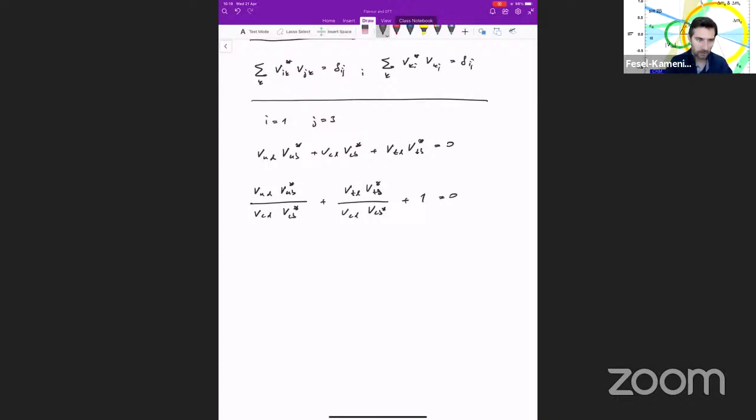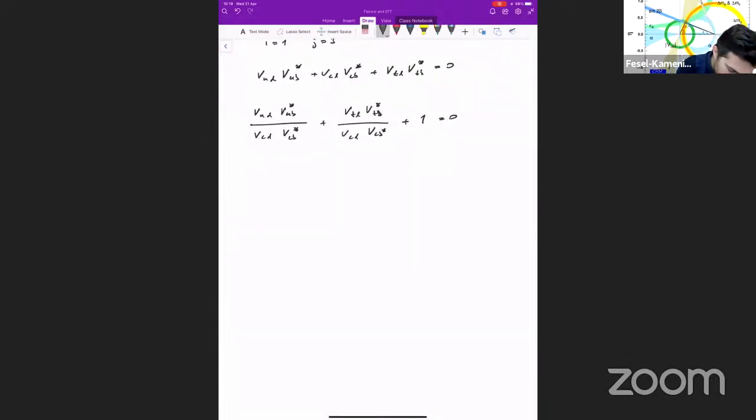And now we can write all the CKM elements which enter in terms of the Wolfenstein parameters, and it turns out the above equation reduces to the following simple equation, which is rho bar plus i eta bar plus 1 minus rho bar minus i eta bar minus 1 equals 0.